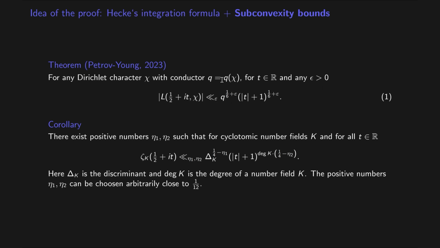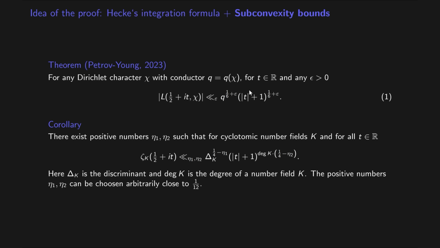The bound is true for some constant which depends only on epsilon and does not depend on the conductor Q, and does not depend on T, which is the imaginary part of the point where we evaluate the L function. What is important for us is that we have a bound in both the conductor and the imaginary part of the point where we evaluate our L function.